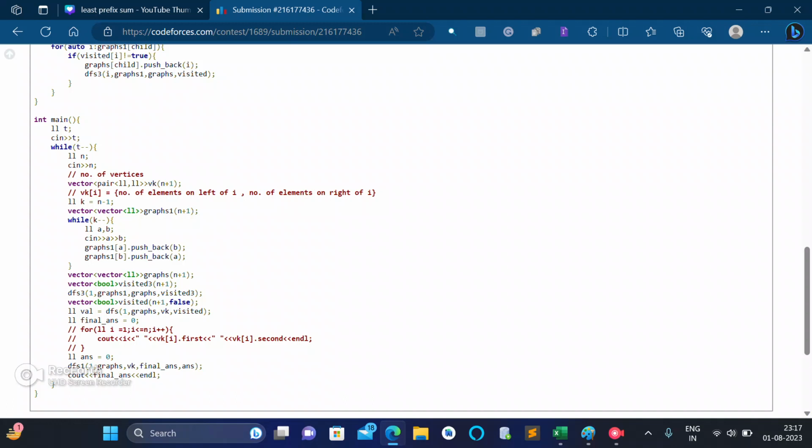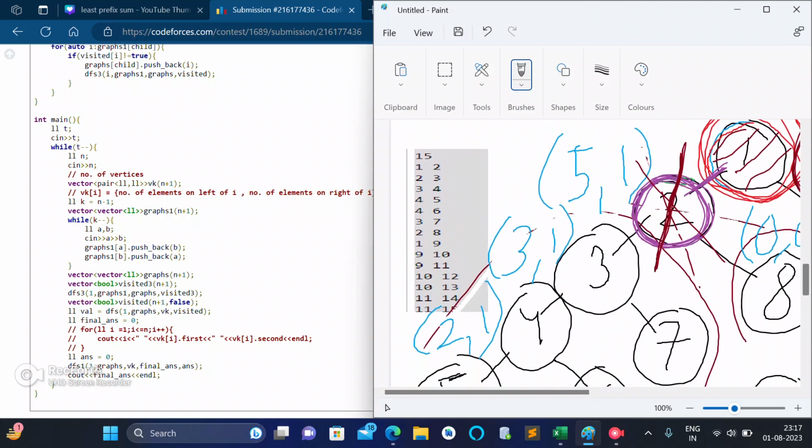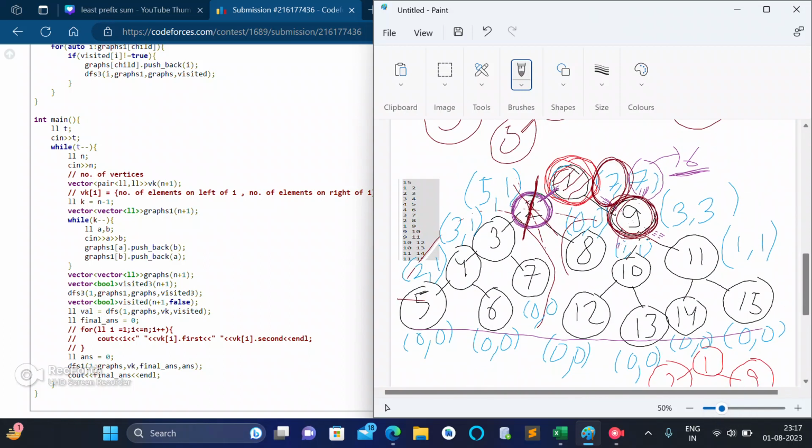It might be possible that you are thinking that since I am calling on both the left and right side, don't you think it is an exponential time complexity of 2 to the power n? You should not think that. The reason being, in the graph we can see that we are making a call on the left side and the right side.